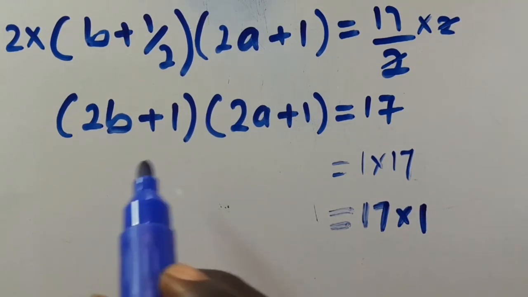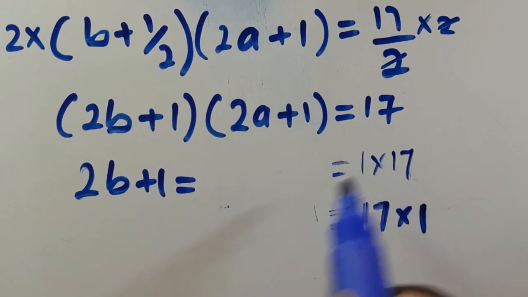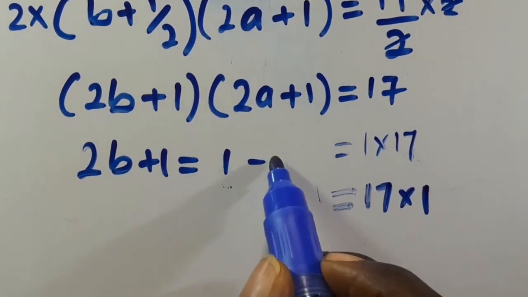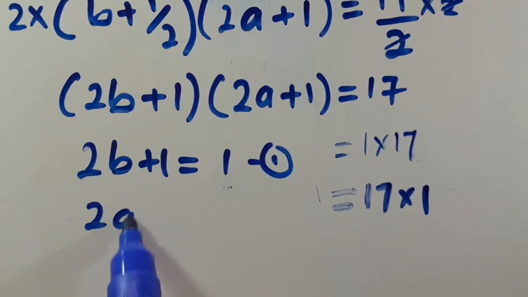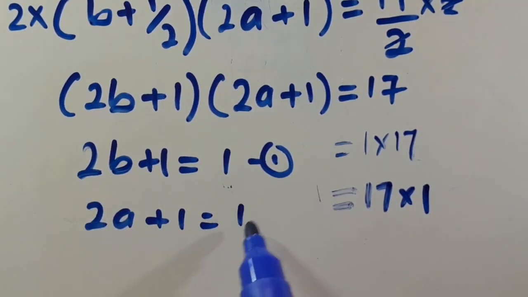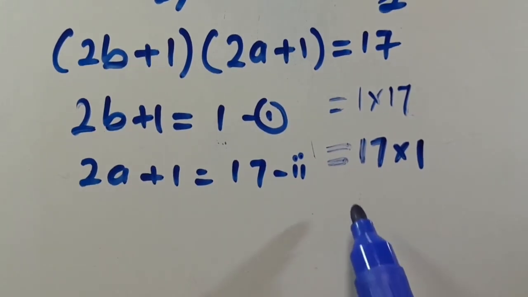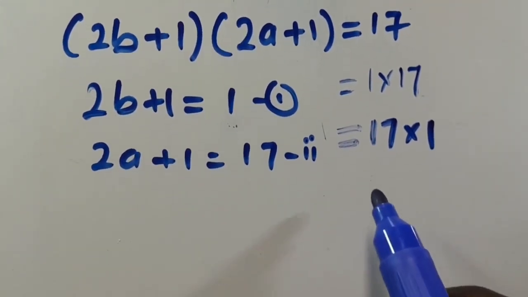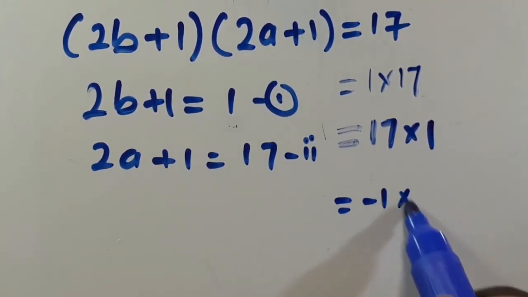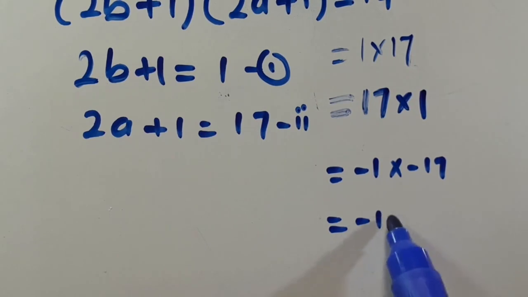So this implies that it's either we have 2b plus 1 to be equals 1, and let's name this as equation 1, and we have 2a plus 1 to be equals 17. We have this one to be equation 2. Likewise, we can express them in terms of negative as minus 1 multiplied by minus 17. And again, we can also have it as minus 17 multiplied by minus 1.